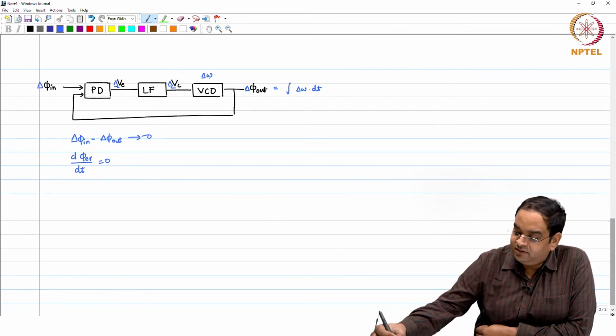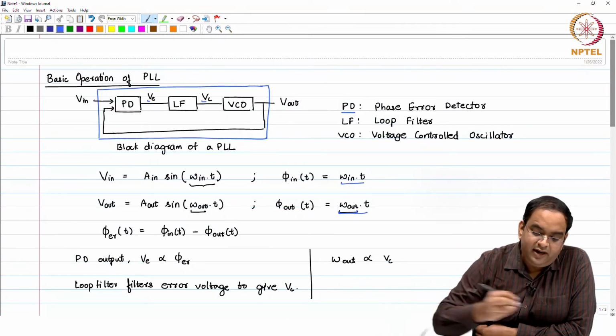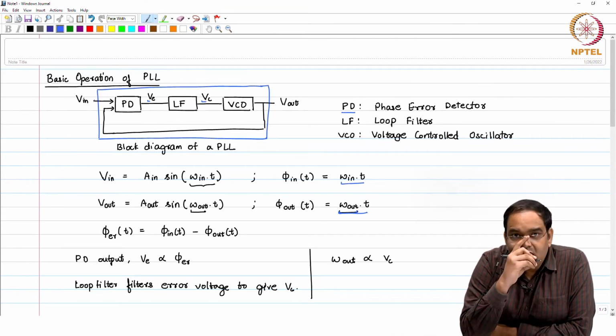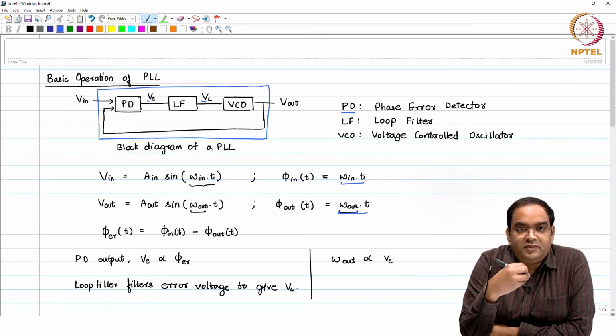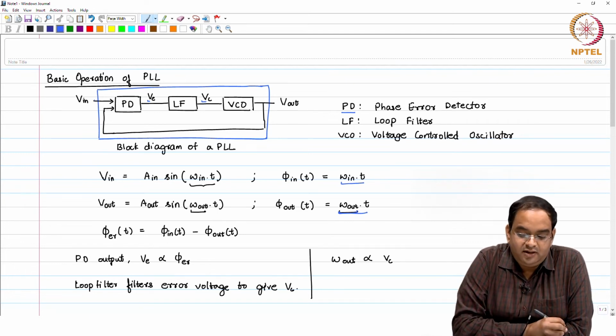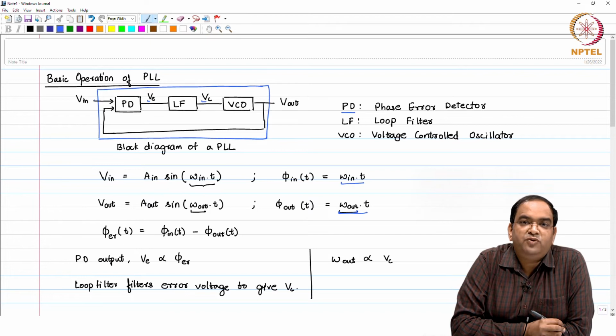Now, this is a little interesting: I have a block where my actual signals are voltages, but the different blocks in this PLL are not operating on the voltage or current signals which we are used to learning in our systems. They are operating on different variables like phase or frequency.